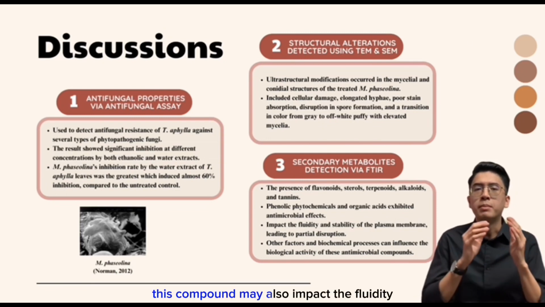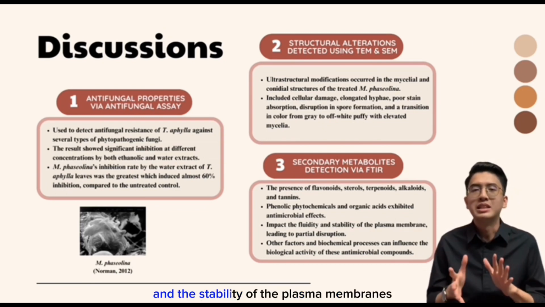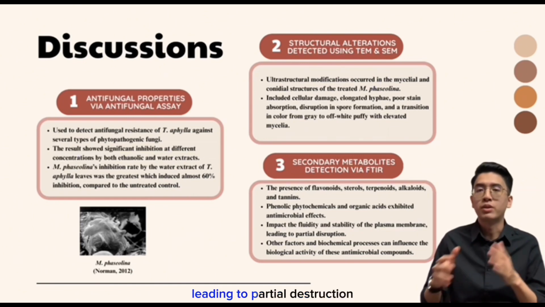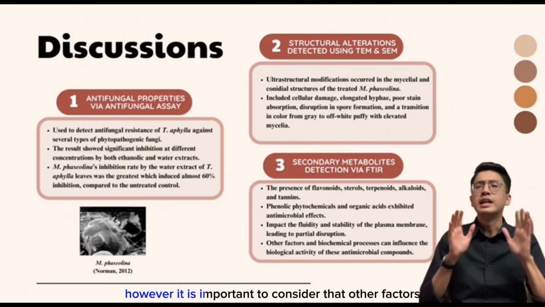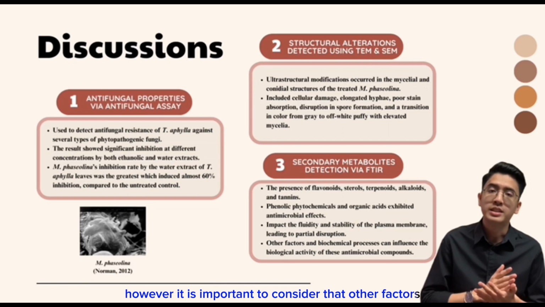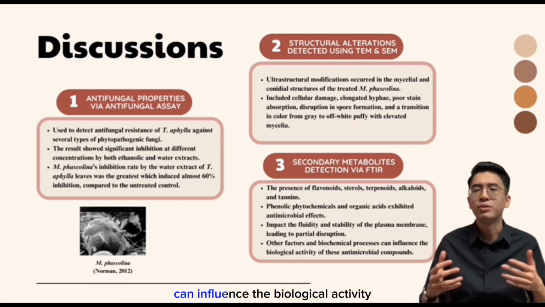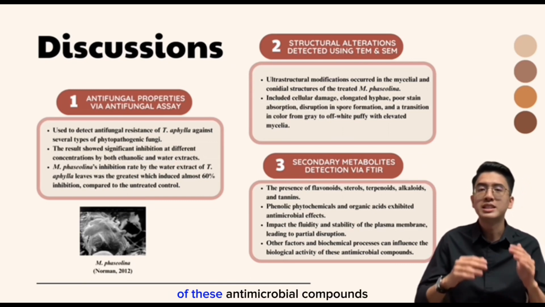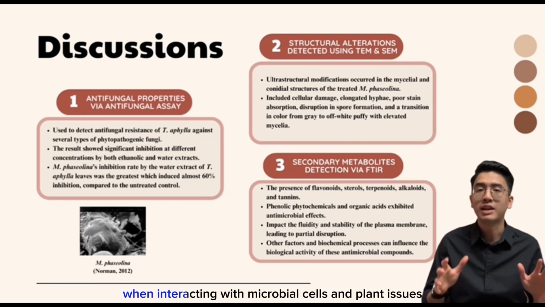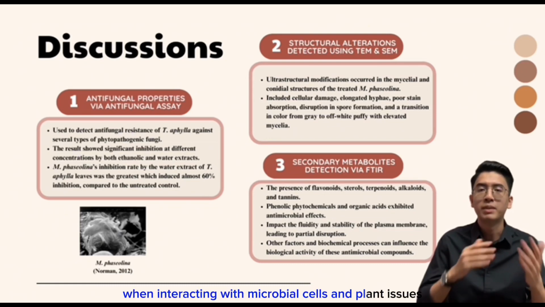This compound may also impact the fluidity and the stability of the plasma membranes, leading to partial disruption. However, it is important to consider that other factors and biochemical processes can influence the biological activity of these antimicrobial compounds when interacting with microbial cells and plant tissues.